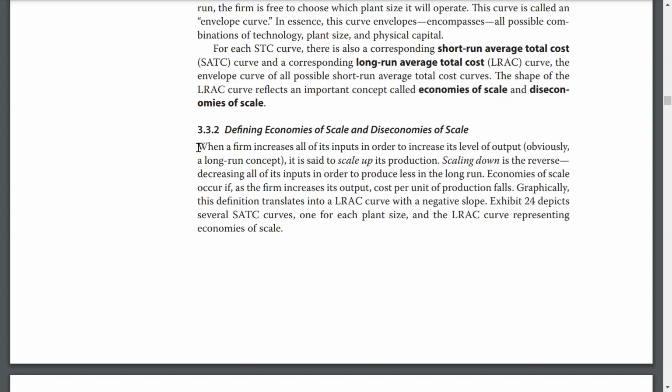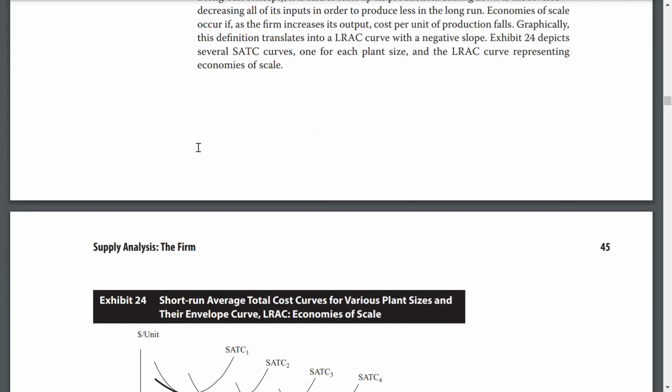Graphically, this definition translates to the LRAC, the long run average cost curve, with a negative slope. Exhibit 24 depicts several SATC curves, one for each plant size, and an LRAC, the long run average cost curve, representing economies of scale.